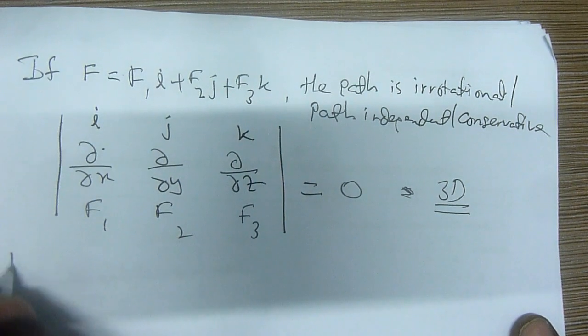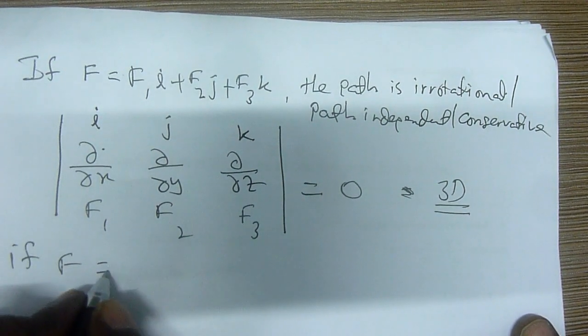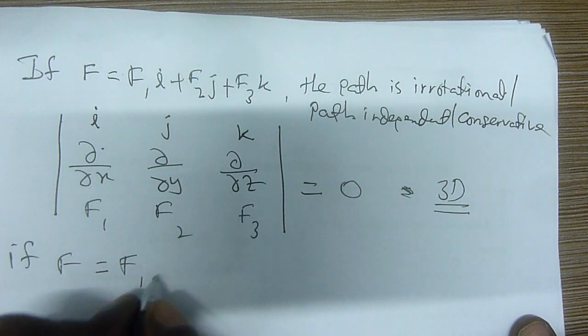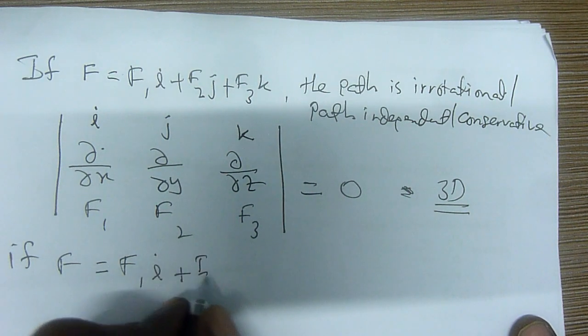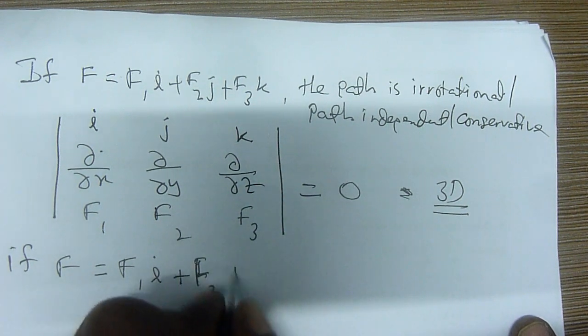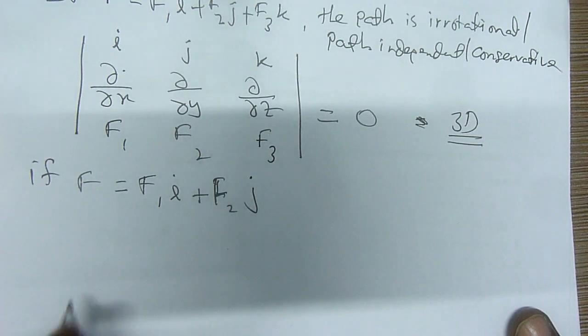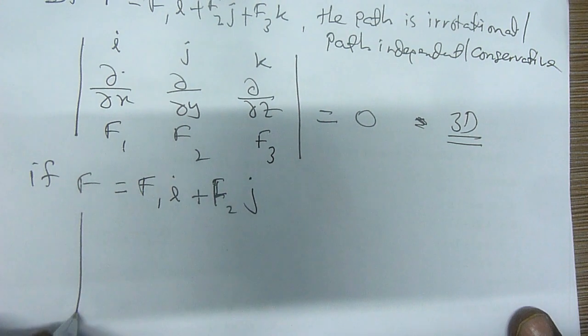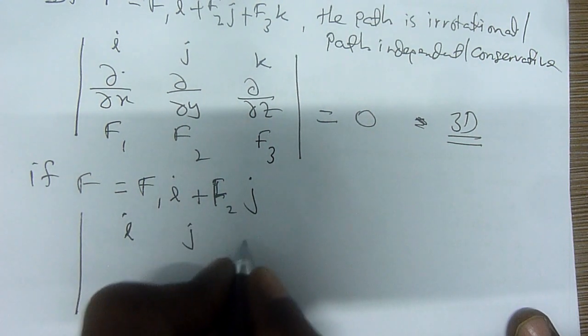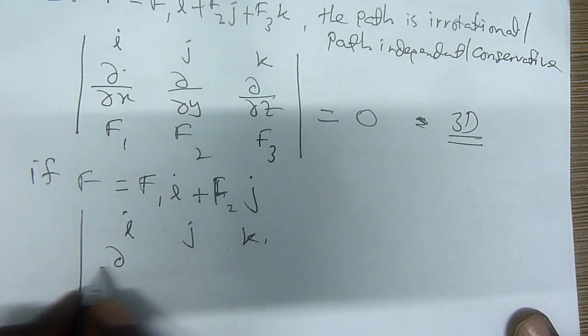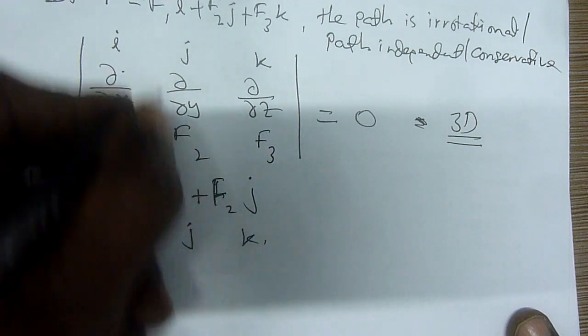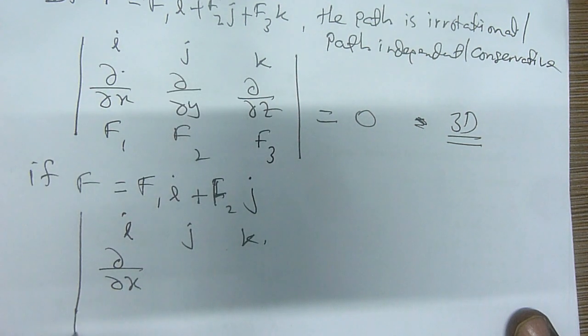But if the case is f equals to f1 i, f2 j, this will end up exact method. But we can still use the same method. I wanted to show you this because you can use irrotational method to check this as well.